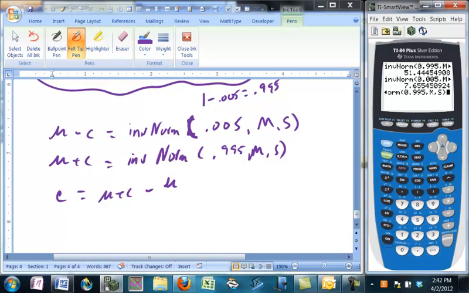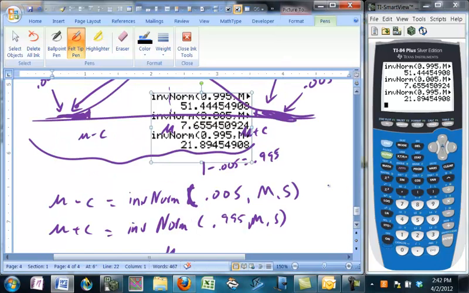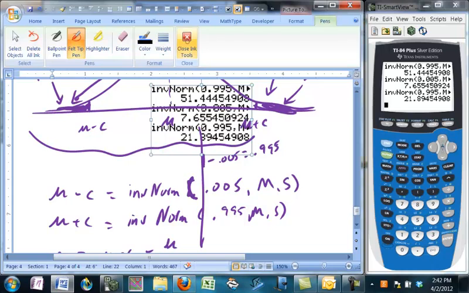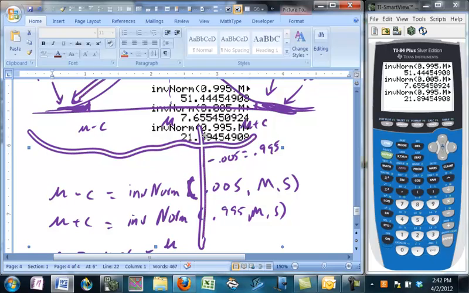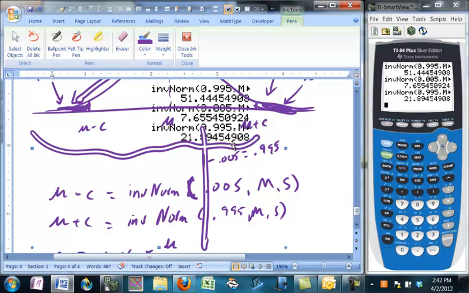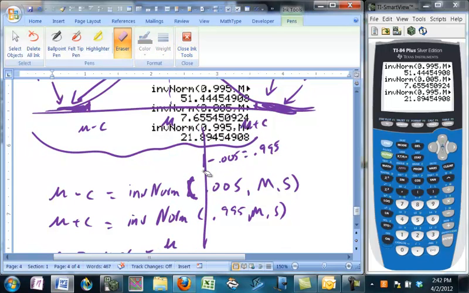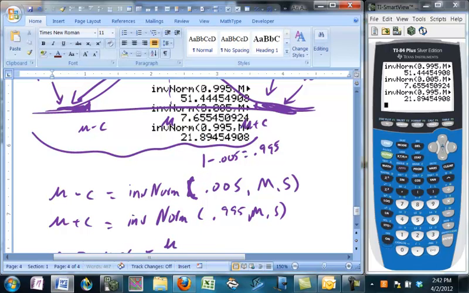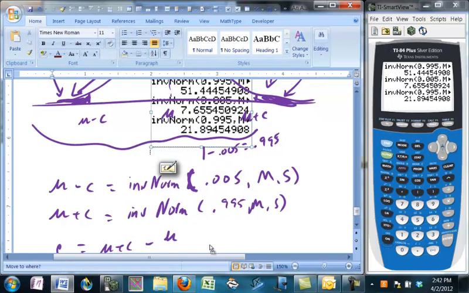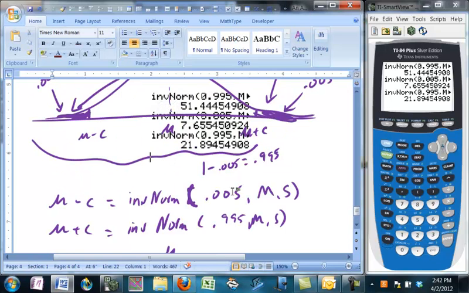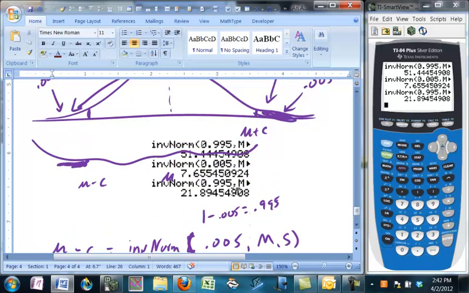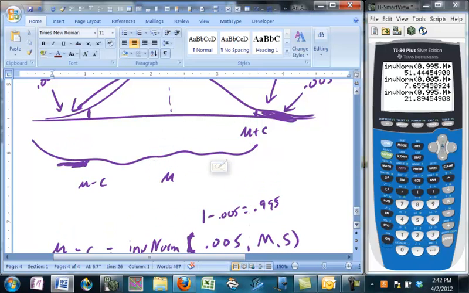There's the upper, and if we subtract M from that, we'll get our value of C. Well, that's what I want, but I don't want it up there.